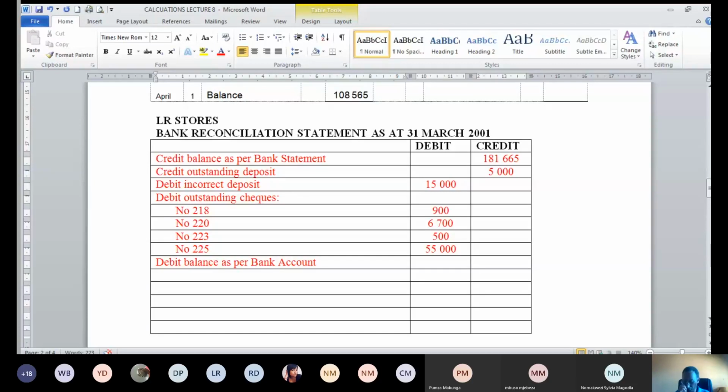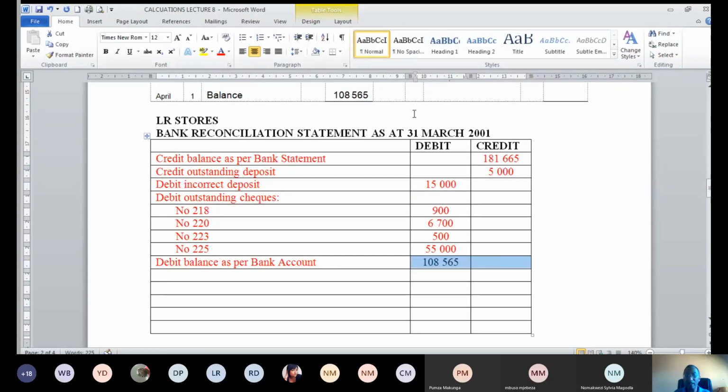Under your details, you will write the debit balance as per bank account. And our debit balance is the amount of 108,565. The balance in your bank account, you bring that now to your reconciliation statement.